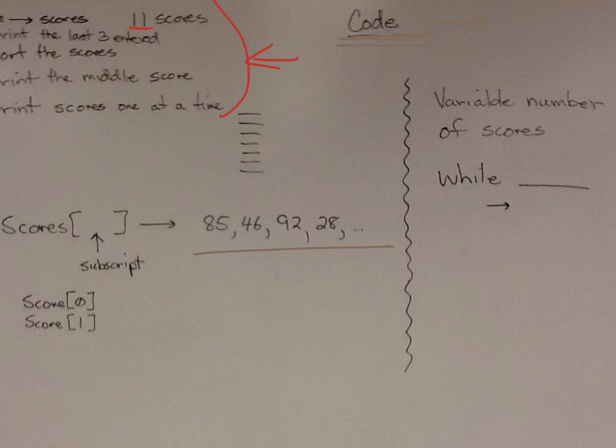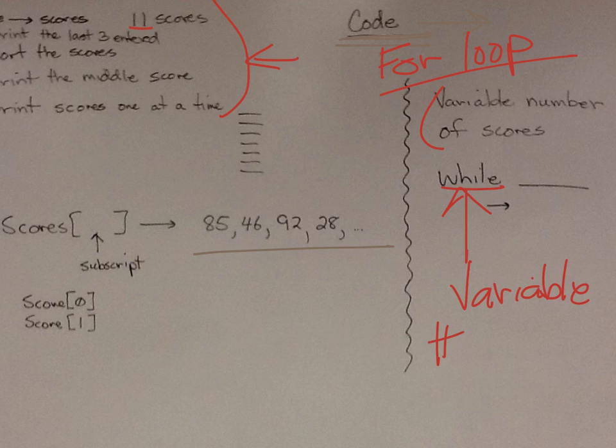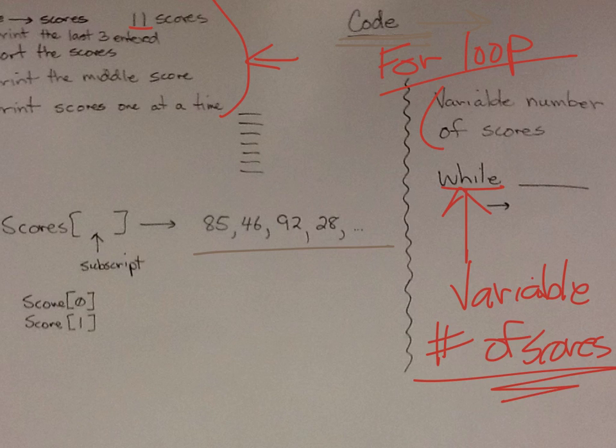We do it first with a for loop, which would be a do until. Then they adjusted it and did it with a while loop, so we could have a variable number of scores. Okay, so I've got a couple examples coming up to show you that.